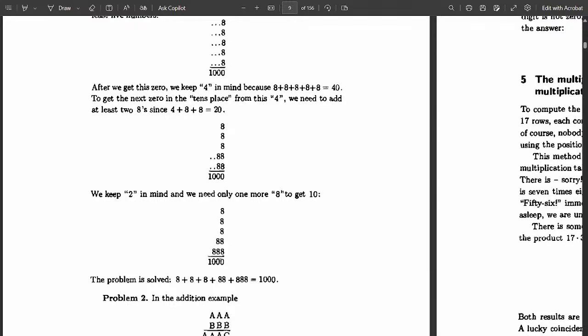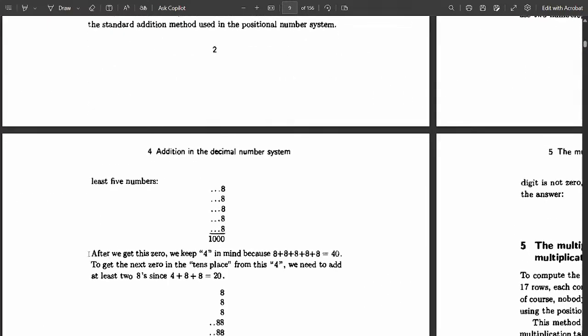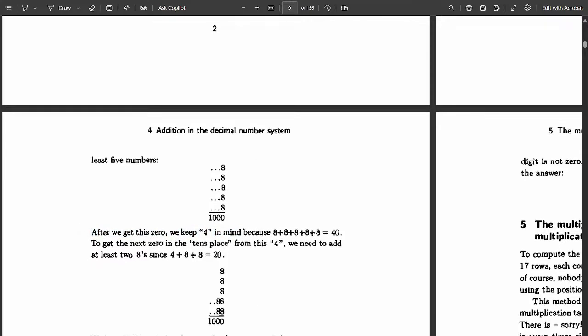Actually, they want to convey a very important piece of information. We got 4 here. So to get 0 here, we need at least 6. So we need two eights, because two eights give a six.